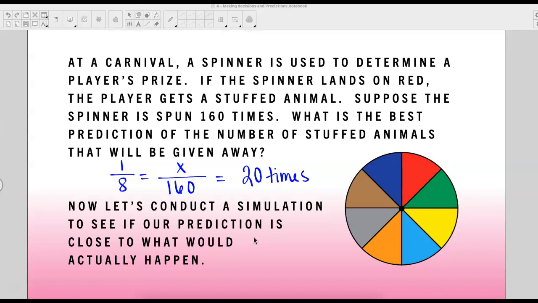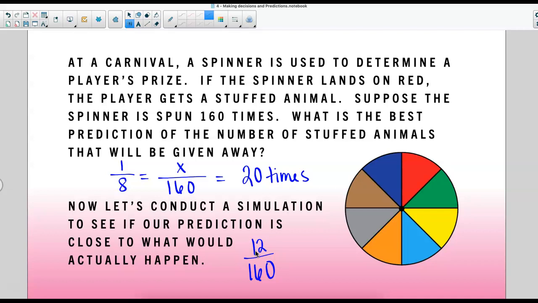If that happened 12 out of 160 tries, what should we have gotten? 20. That was our prediction. Our prediction was that we would get it 20 times. We didn't. We only got it 12 out of the 160 trials. Okay, we weren't super far off.